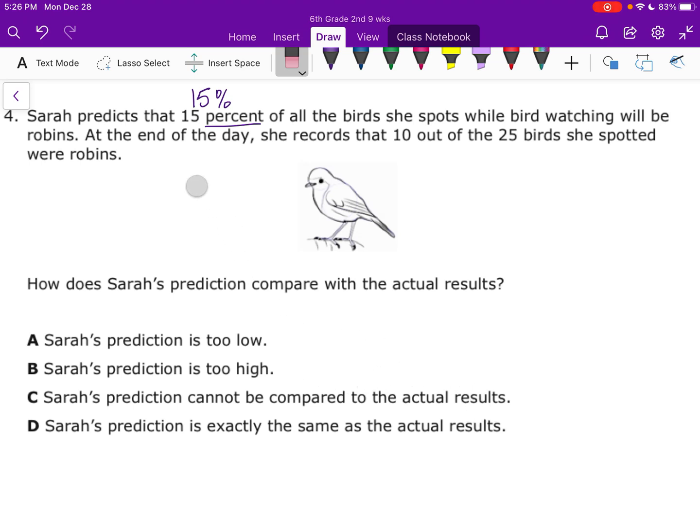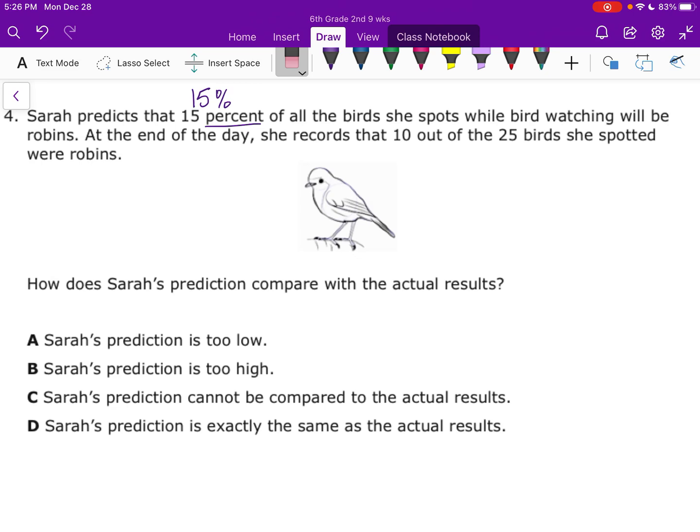Okay, well, she predicted 15%, but they didn't give us the percent. They gave us 10 out of 25 were robins. So that means we need to take that information and do what to it? You have to be able to compare it, so we have to make it a percent.